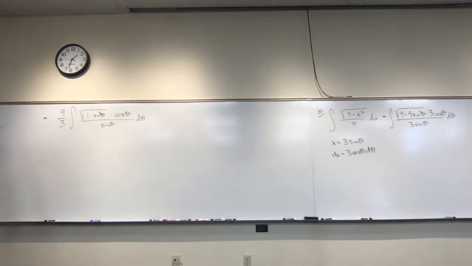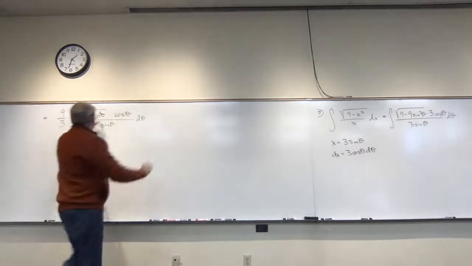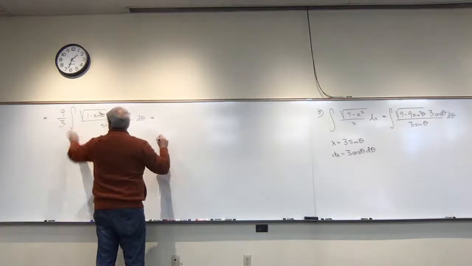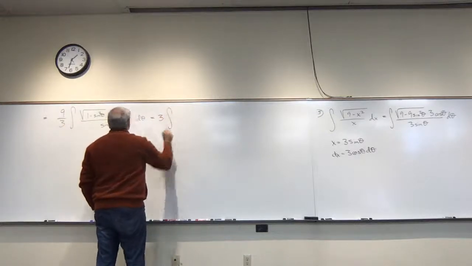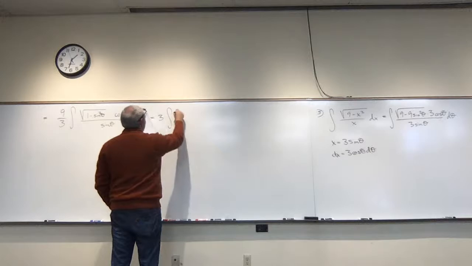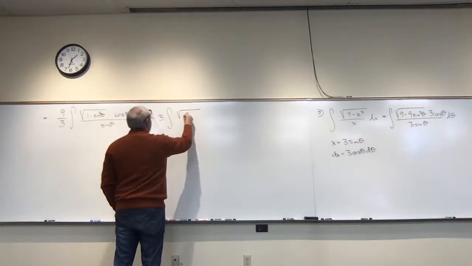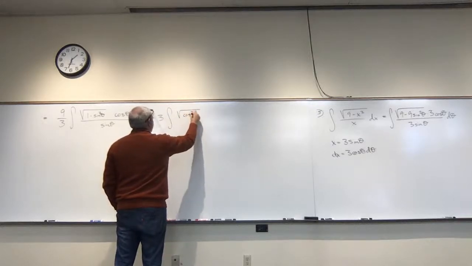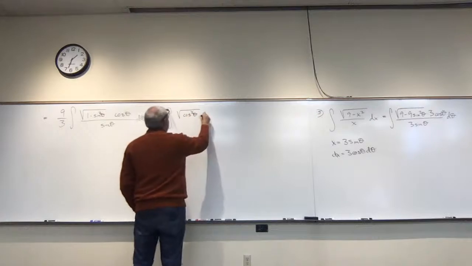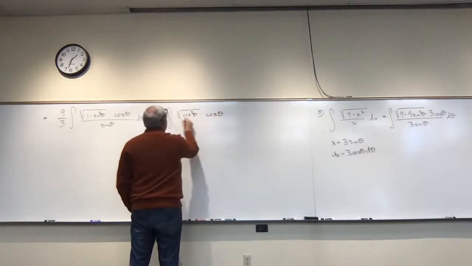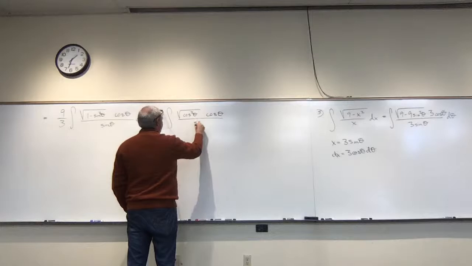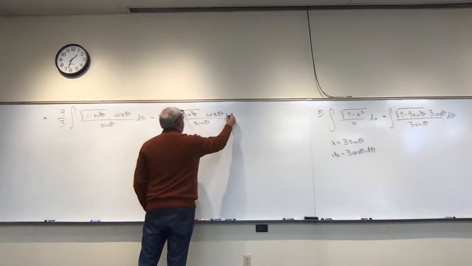All right. This can be simplified. So this is equal to 9 divided by 3, which is 3, times the integral of the square root of cosine squared theta times cosine of theta, divided by sine of theta d theta.